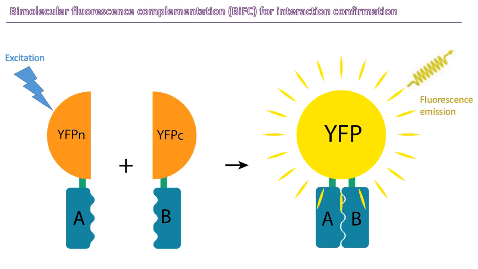In this experiment, we can fuse protein A with the N terminus of YFP and protein B with the C terminus of YFP, and we can express both constructs in plants. If A and B interact, the N terminus of YFP is close enough to the C terminus of YFP and emits the signal. And we can see the signal under the confocal microscope.